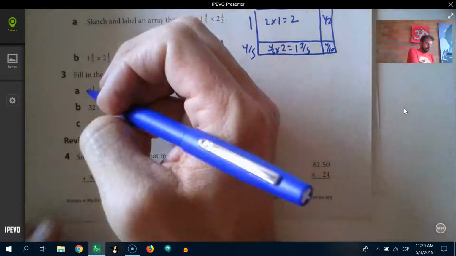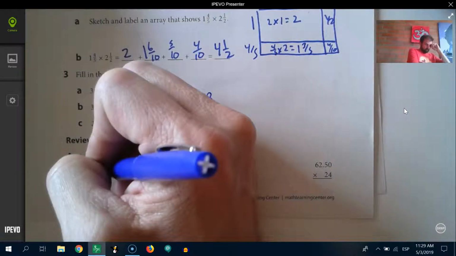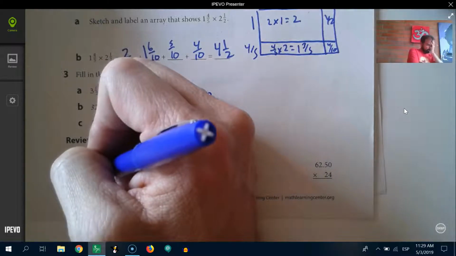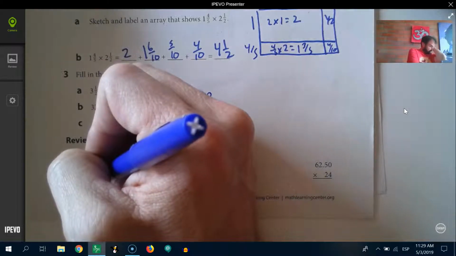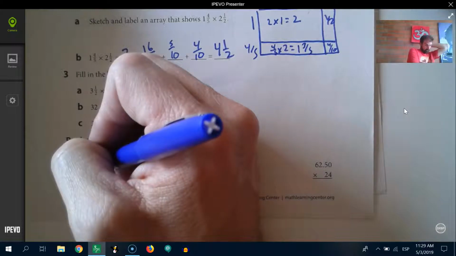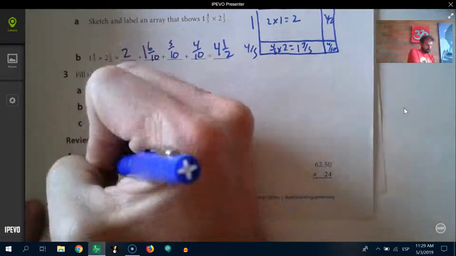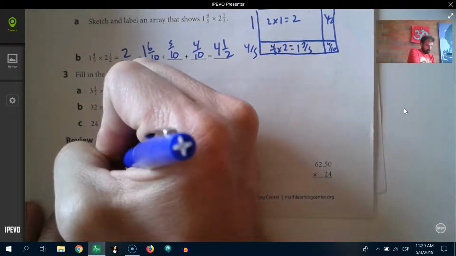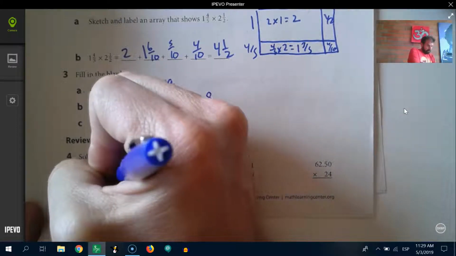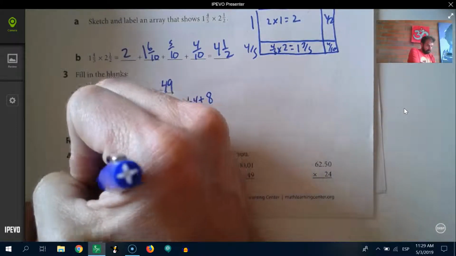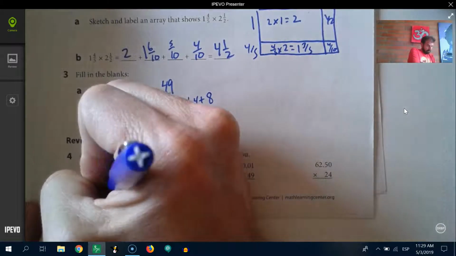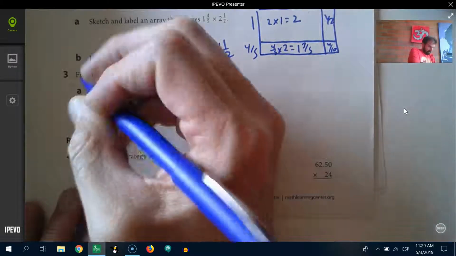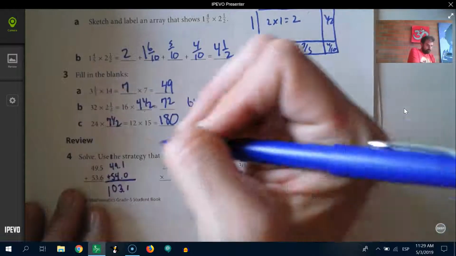I could do some strategies where I'm rounding, give and take. Let's see, if I give 4, I would take 4, so I could make it 49.1. Let's do that. $103 and 1/10.